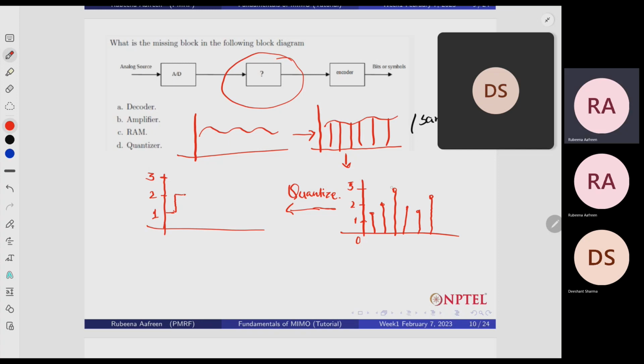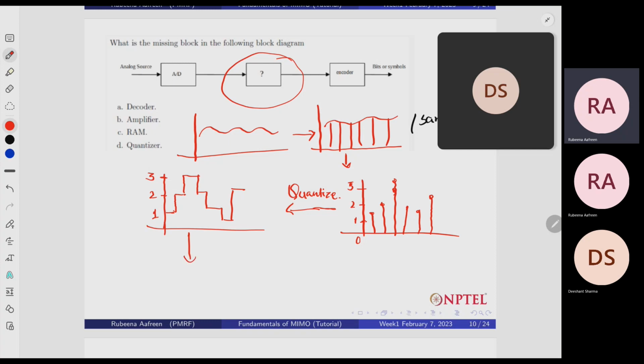After that, this one, suppose that it is a little bit greater than 3. So this will be quantized to 3. So likewise, we are converting this symbol set into a finite symbol set that we know already. This is known as quantization.